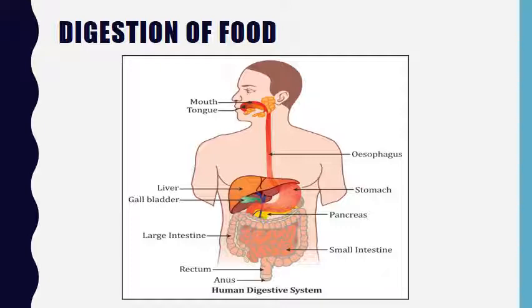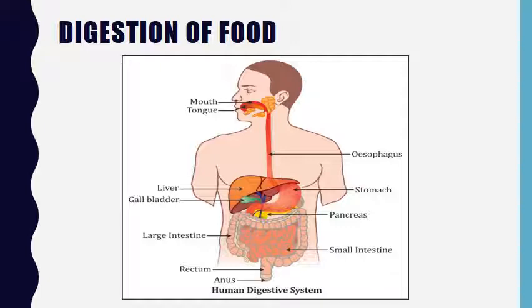During this travel, the food gets digested in various parts. Not a single part is involved in the digestion system. Many organs are involved to digest our food, and some food is digested and some food will remain undigested. This undigested food will be removed from our body as waste.